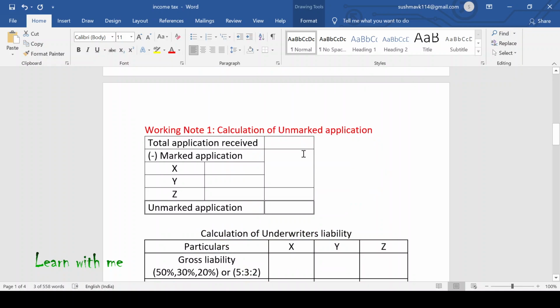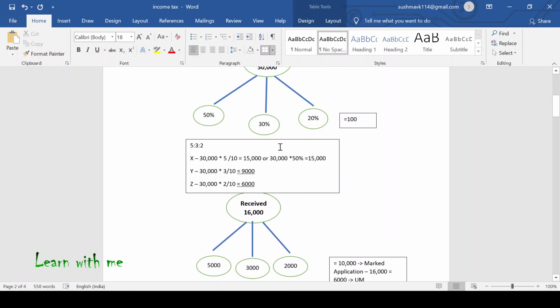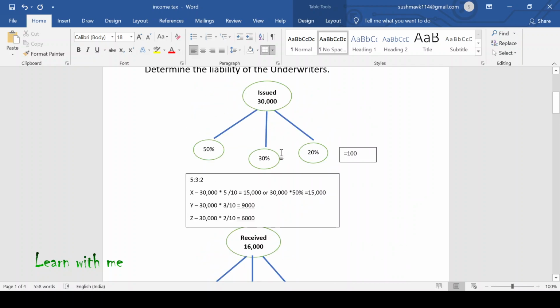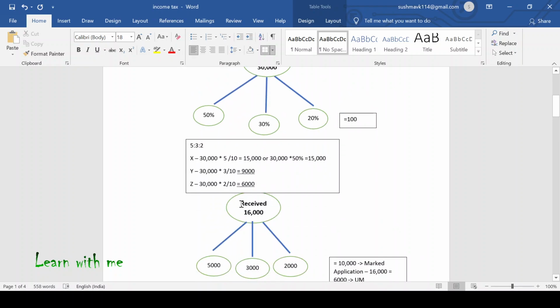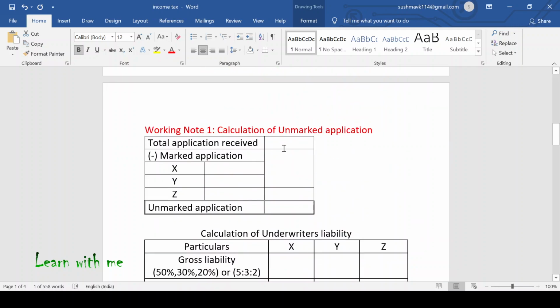While solving the problem in your exam, you have to do the working note. So what is the total application received by the company? It has received 16,000 shares, right? So this 16,000 shares I am going to write here.